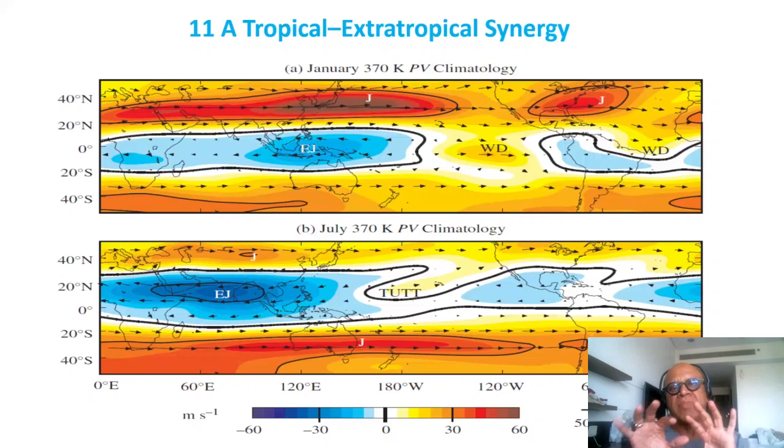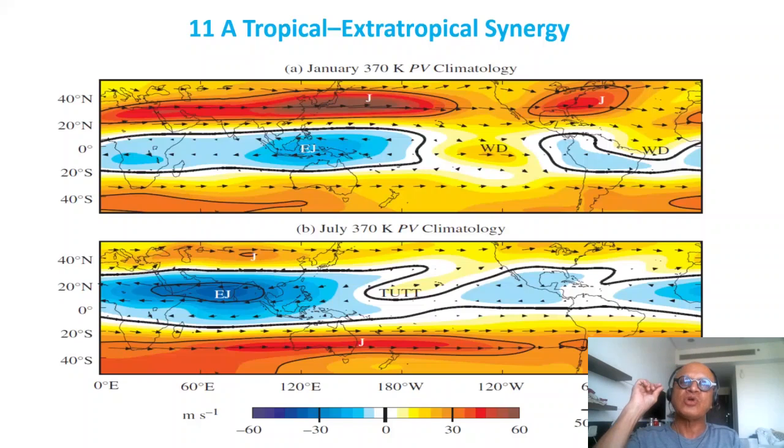Now we are going to combine that and show that there is actually a continuous exchange of something called potential vorticity substance between the extratropics and the tropics. And this exchange has a great role to play in maintaining the basic zonal state in the tropics.